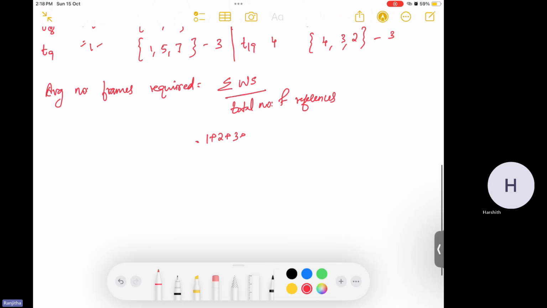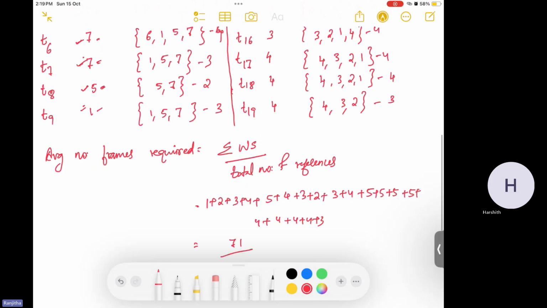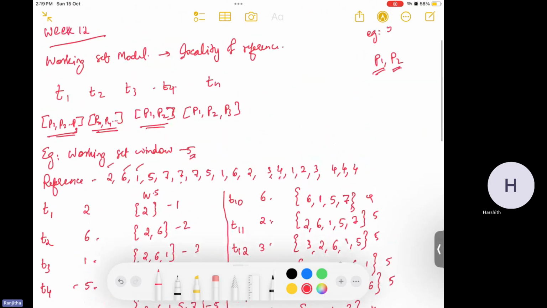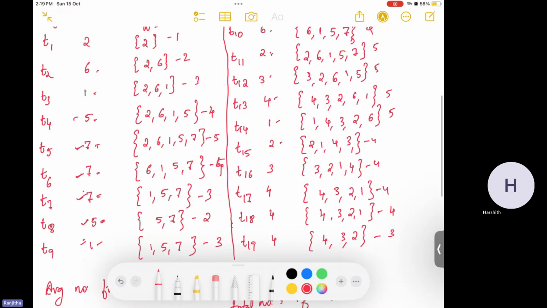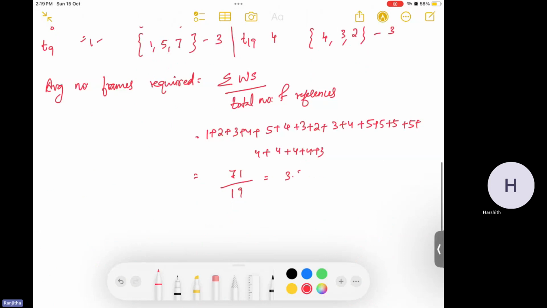So when we sum it up, it becomes 1 plus 2 plus 3 plus 4 plus 5 plus 4 plus 3 plus 2 plus 3 plus 4 plus 5 plus 5 plus 5 plus 3 plus 4 plus 4 plus 4 plus 4 plus 3. So it is coming around 71, divided by the total number of references, which is 19, which gives around 3.73.